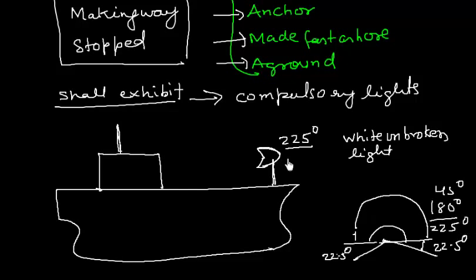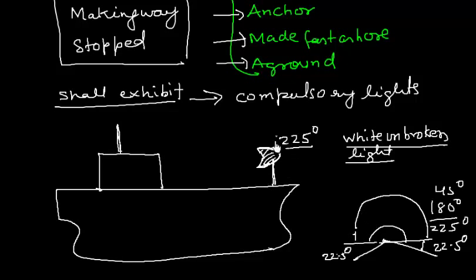That's why a masthead light is a white light, and a white unbroken light, which means it is not a flashing light, over an arc of 225 degrees, and so fixed as to show the light from right ahead to 22.5 degrees abaft the beam on either side.